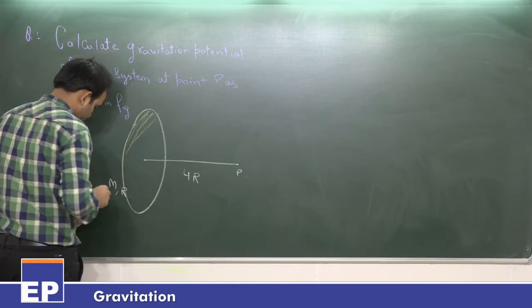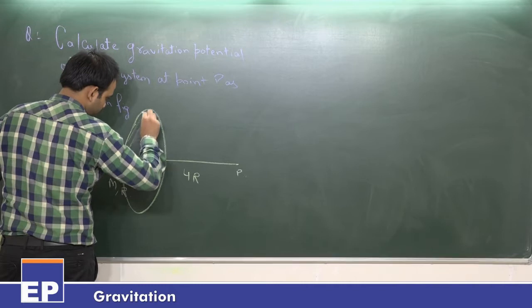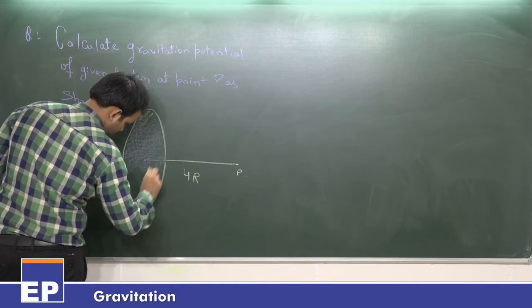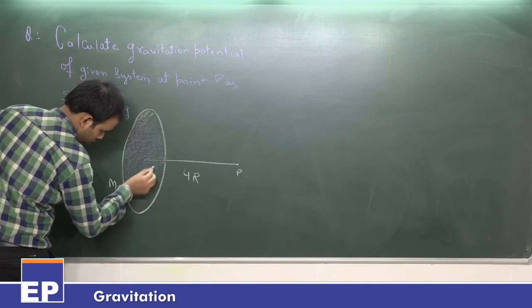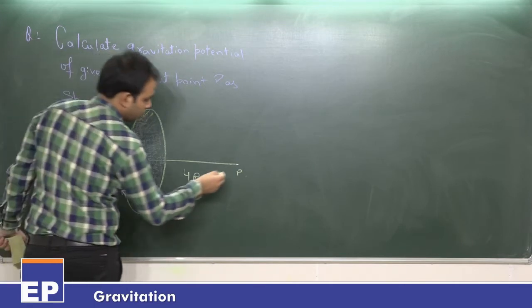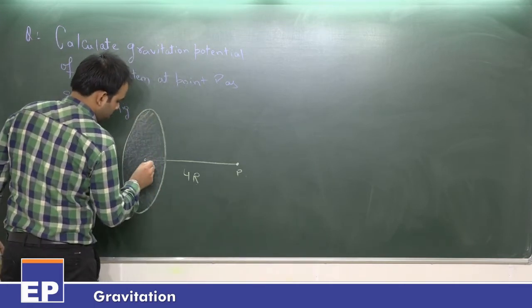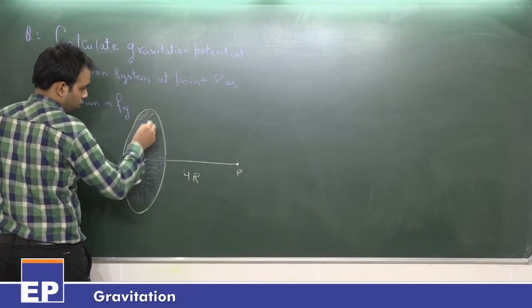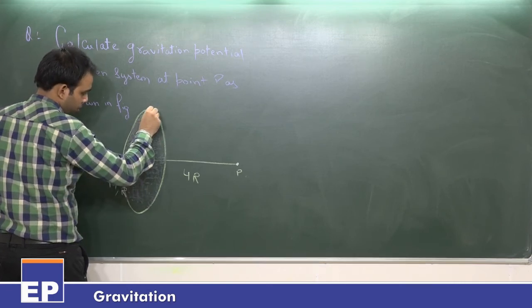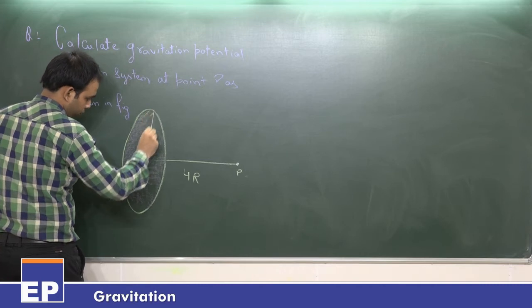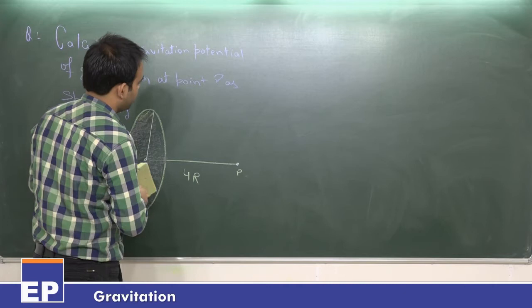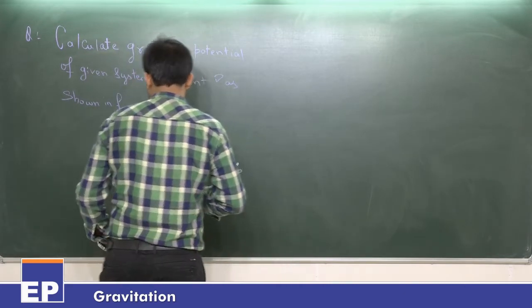P is the point lying on its axis, at a distance 4r. This is the distance. Yes. So what is the potential at point P? This is a disk.